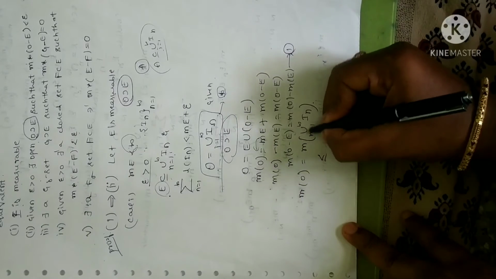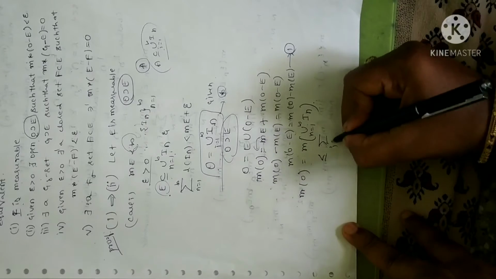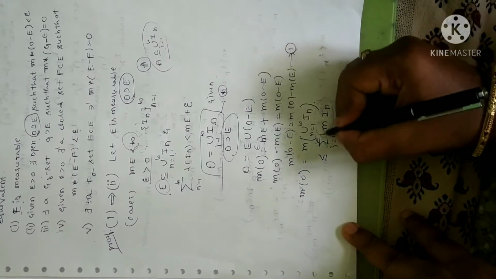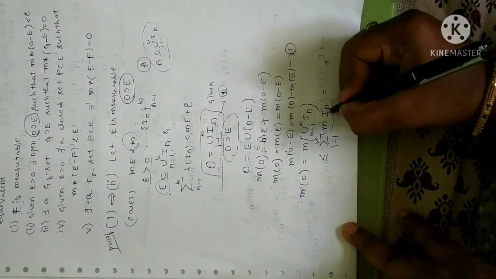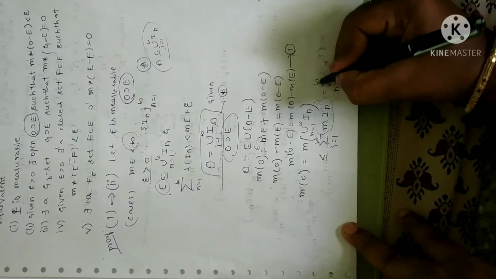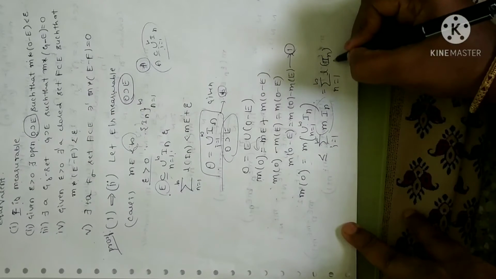You can see that when you apply measure, the union comes outside and it becomes summation, and equality becomes less than or equal to. I have told you this a number of times. When I say measure, it is none other than the length of an interval, right? So I can write this as summation n equal to 1 to infinity of length of interval I_n. Why? Because measure is equivalent to its length.